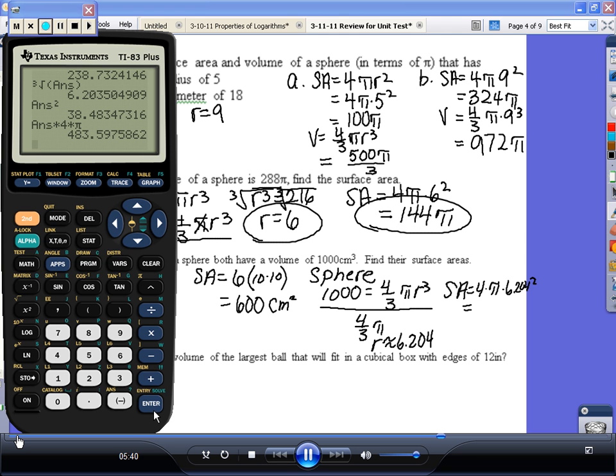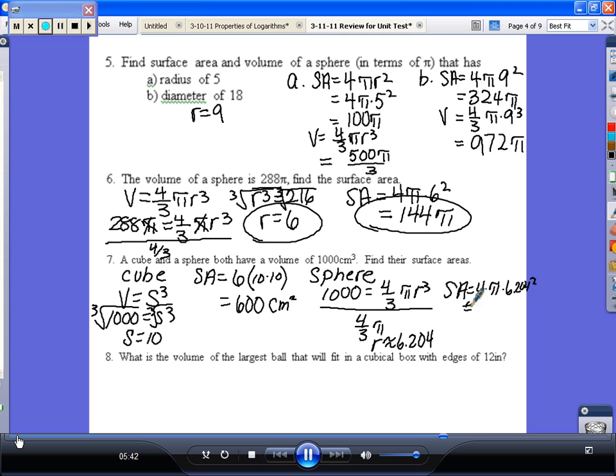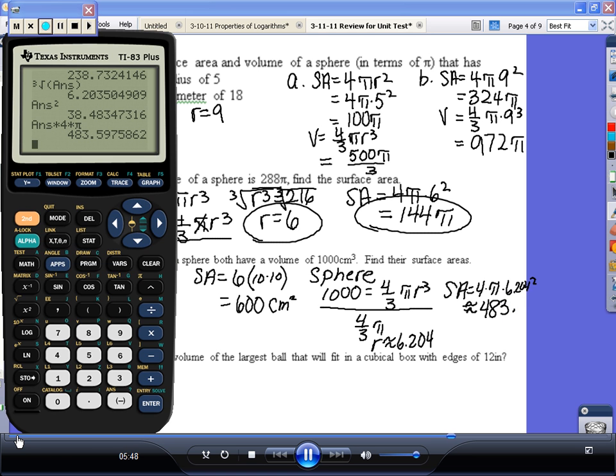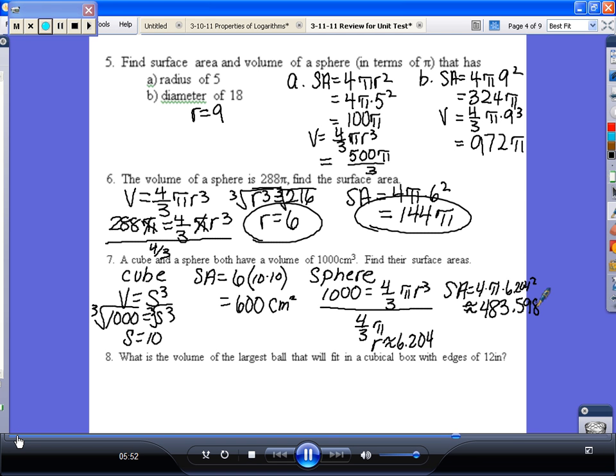And I'm going to get about 483.598 for my answer. Okay. So that one's a little bit tricky because you don't have pi on both sides to cancel out. And this would be the only time where a decimal approximation would be appropriate because the numbers get too confusing otherwise.